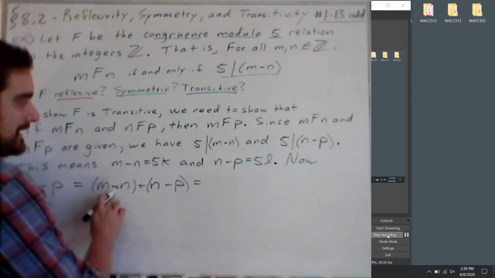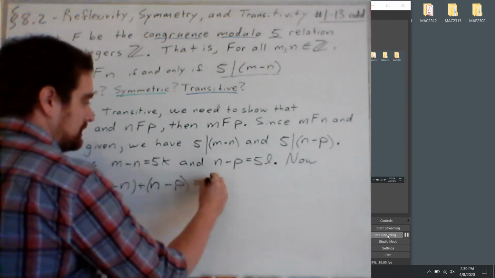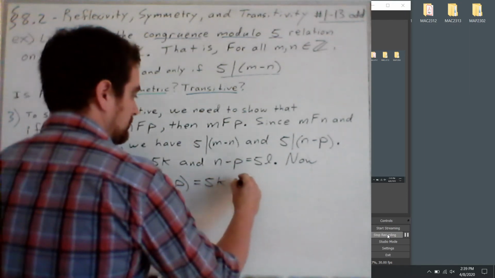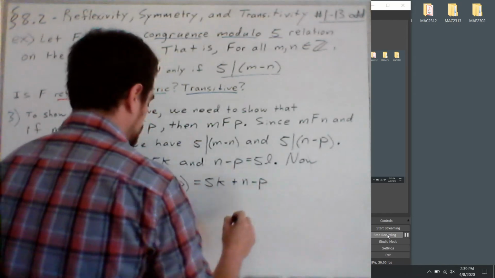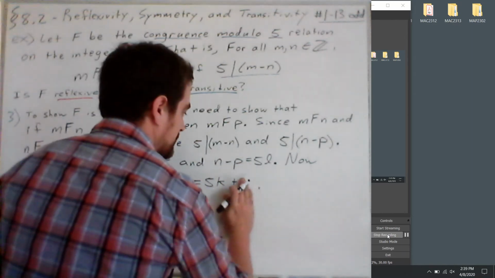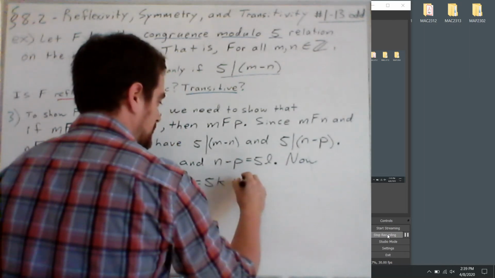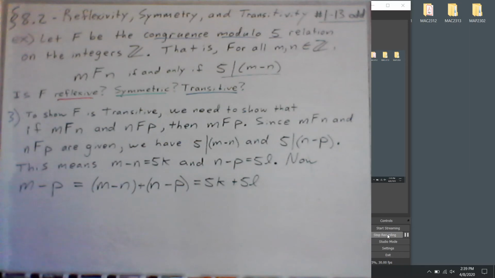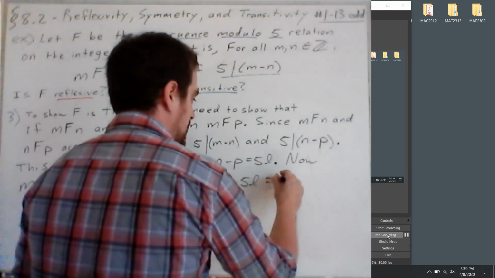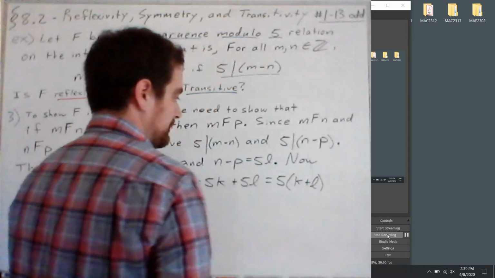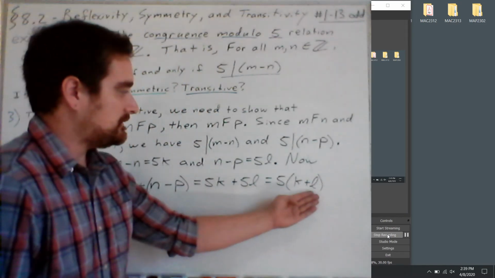But m minus n is 5k, a multiple of 5, plus n minus p is also a multiple of 5. Oh, sorry, I mean to write n minus p. I'm going to write 5l, which is equal to 5 times k plus l, which is 5 times some number.